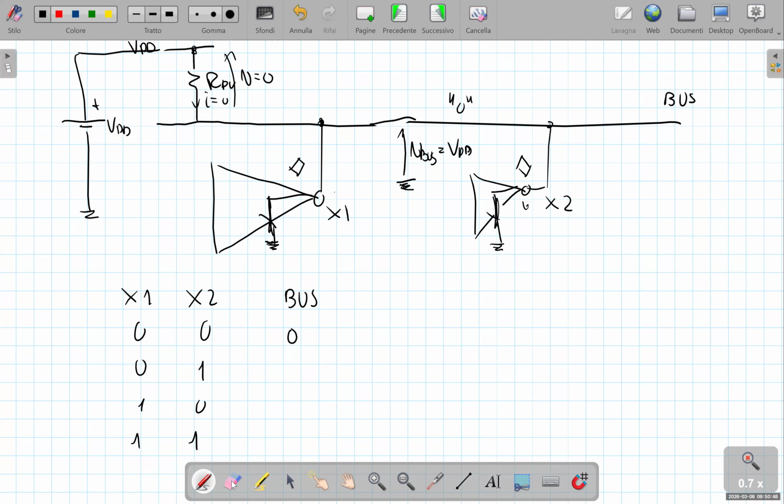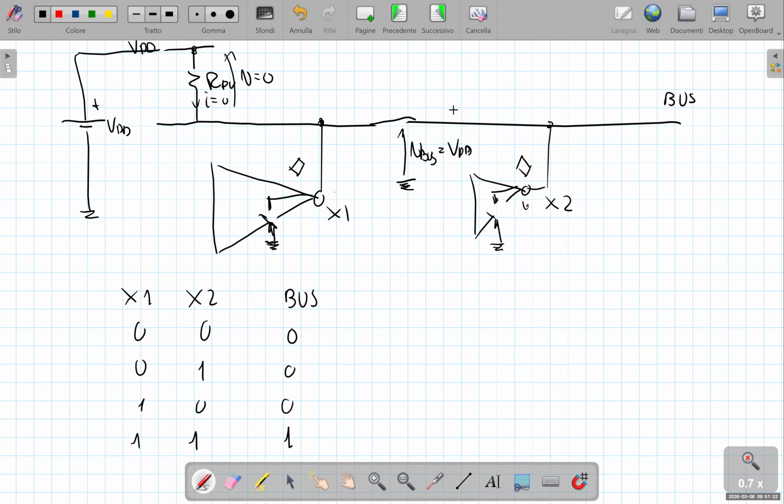In case 0, 1, even if just one of the open drain gates connected to the bus is active, the bus is at a low logic level, even if we exchange the gates. When all the gates are in the high state, that actually means for the individual gate the high impedance state, thanks to the pull-up resistance, the output level of the bus is high.